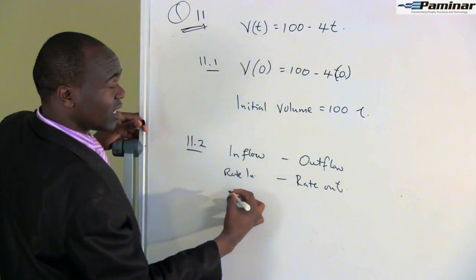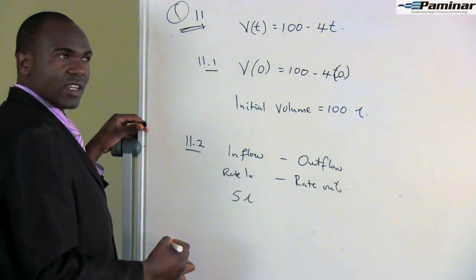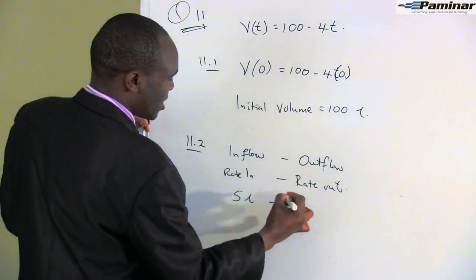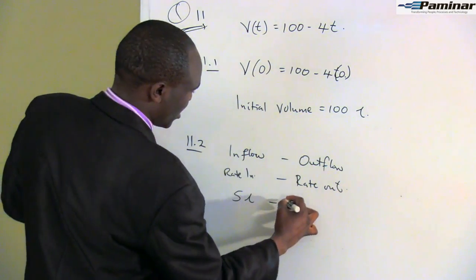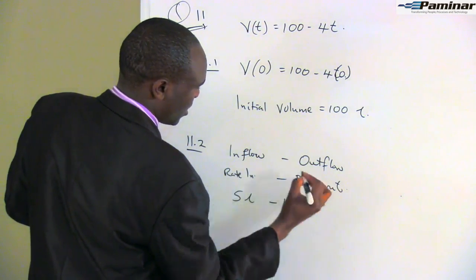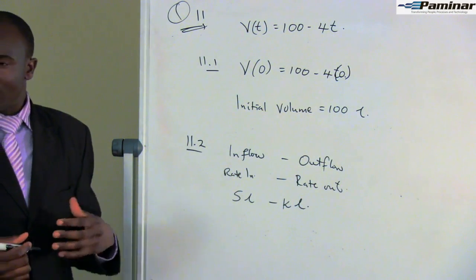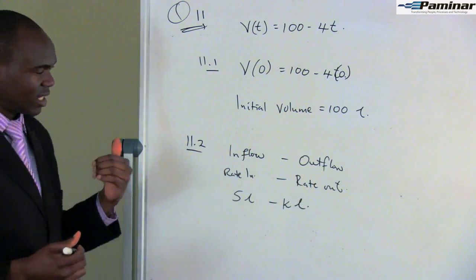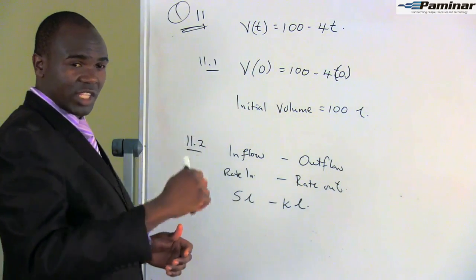What was the rate in? 5 liters minus rate out, K liters. That's why they say write down. Now look at what the question is: rate of change.